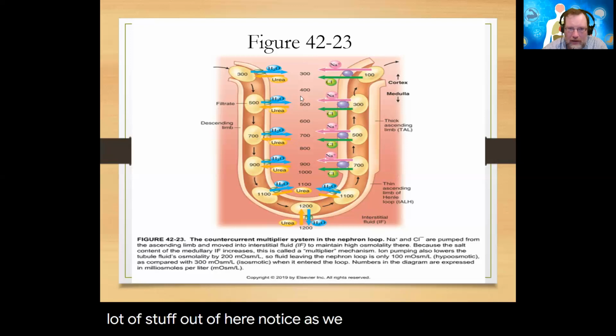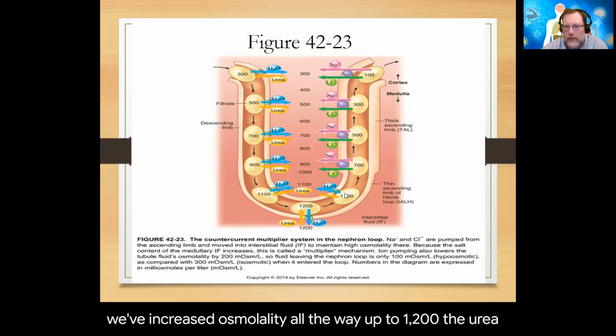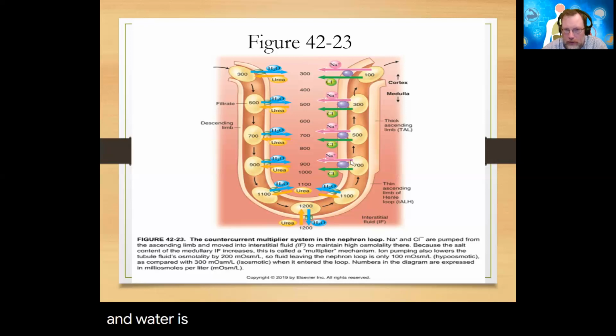Notice as we've added all this urea, we've increased osmolality all the way up to 1200. The urea and water continue to leave as sodium and chloride continue to leave.